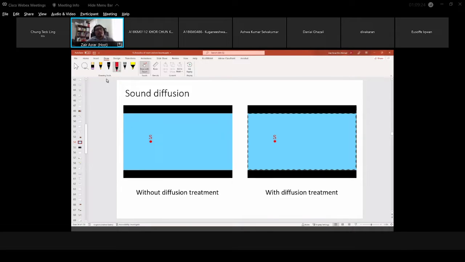This animation can illustrate that effect to you clearly. On the left hand side we have a room without any diffusion treatment. Let's say S represents our sound source, so the sound is coming from this point.